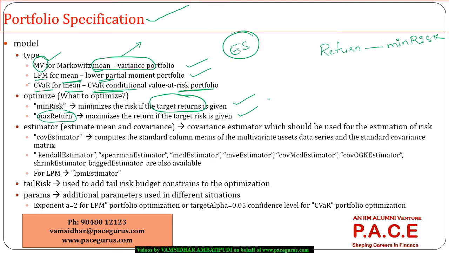Generally we give the target return only. I want a target return of some percentage. That's the reason we go with the target return itself, and the minimum risk default looks more and more okay in this case.